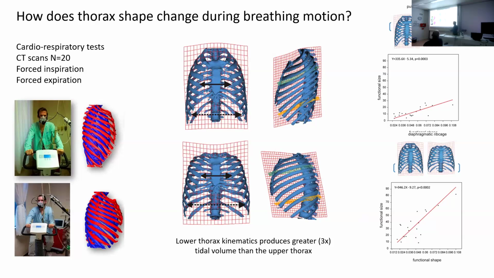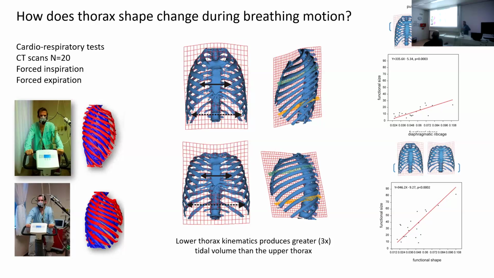But we did this also for a greater sample, and what we found was that the shape changes between in and ex, inspiration is the upper part, expiration is the lower part, are characterized by a different relationship of the upper parts relative to the lower part.